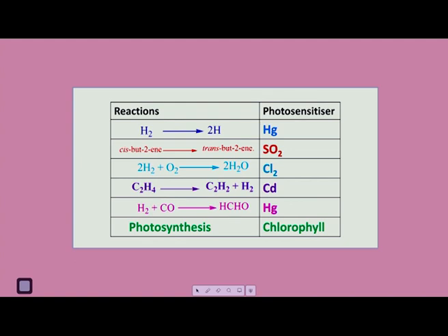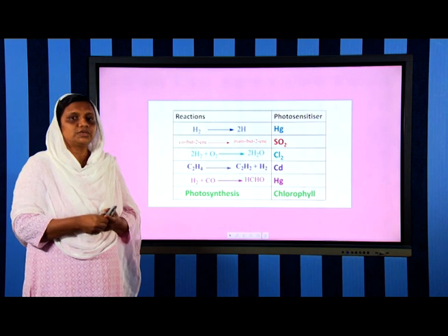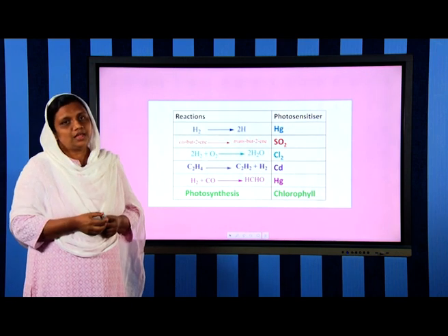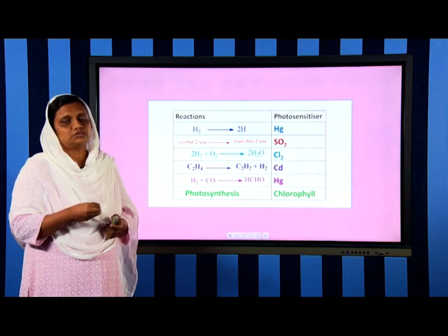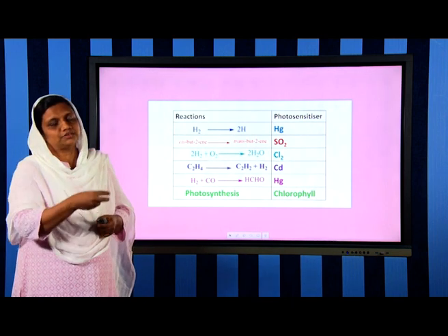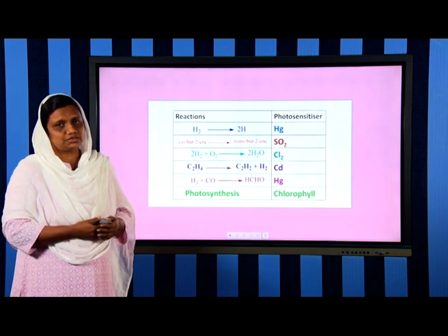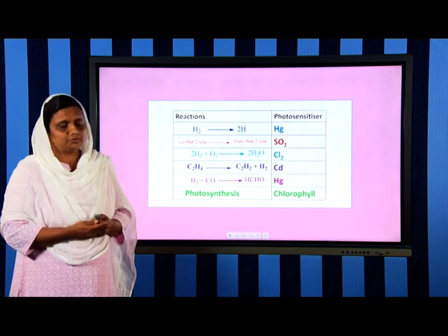Photosynthesis is another photosensitization reaction, wherein the photosensitizer is chlorophyll. It is chlorophyll which absorbs light energy and then transfers that light energy to the water molecule to undergo photolysis. And then after that, various other reactions happen and carbohydrates are formed.